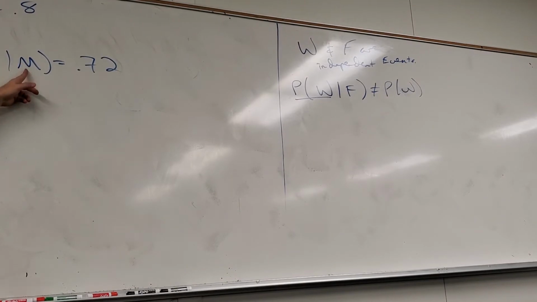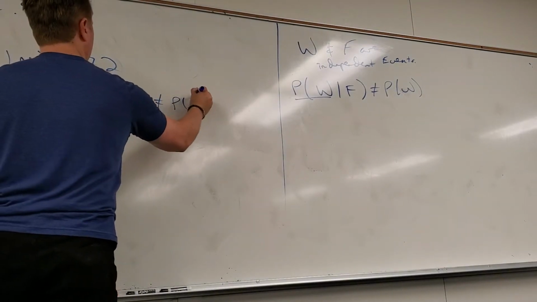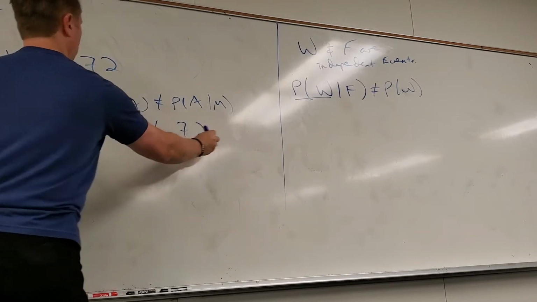Knowing that M is true, did it affect the probability of A? Yes. So to answer the question, I would say dependent, since the probability of A does not equal the probability of A given M. 0.8 does not equal 0.72.